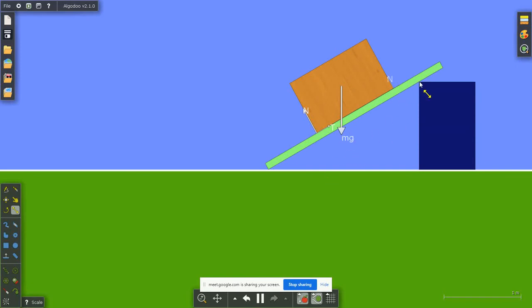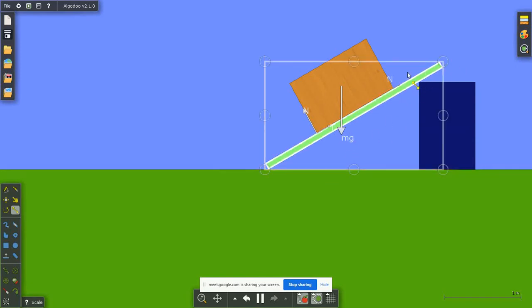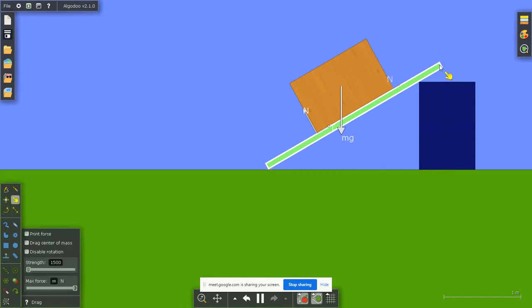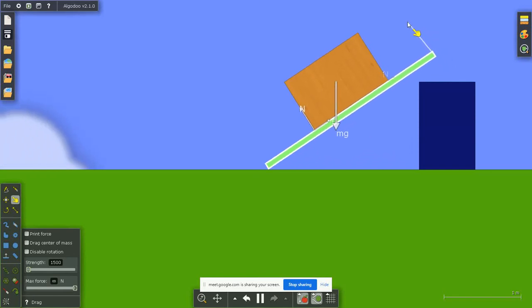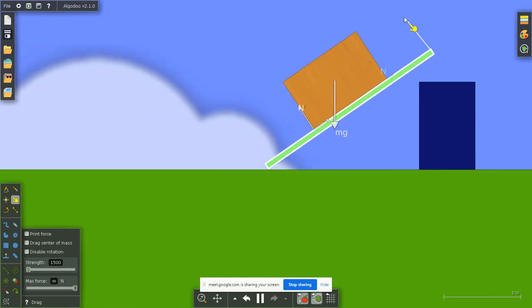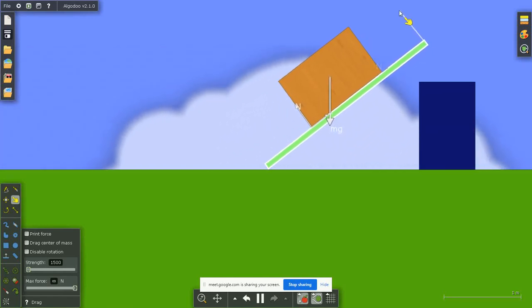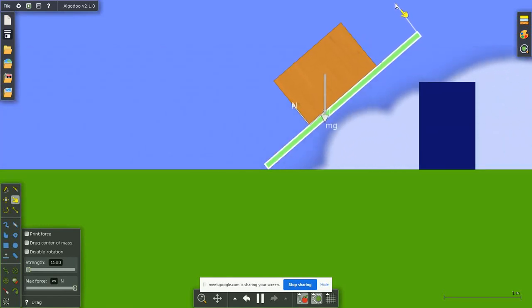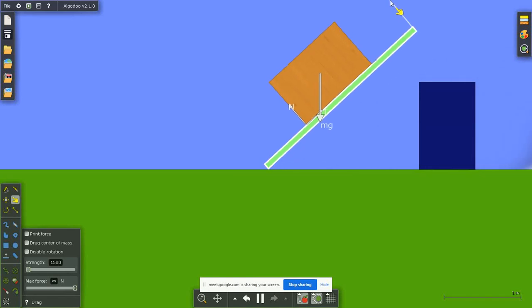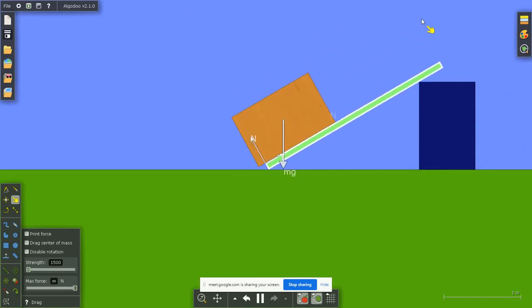Now let me use my hand. I will try to take it up a little bit. If I give it a force, it should rotate. See, it's not falling. How come? Wow. What is happening here? Yes, started falling now, right?